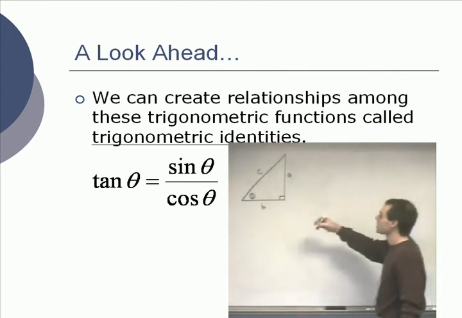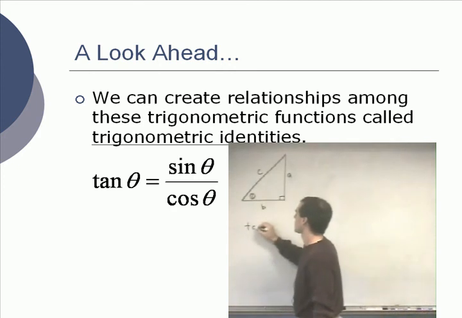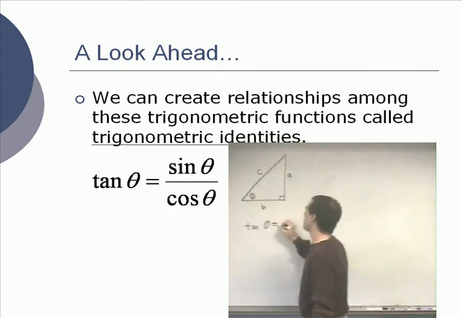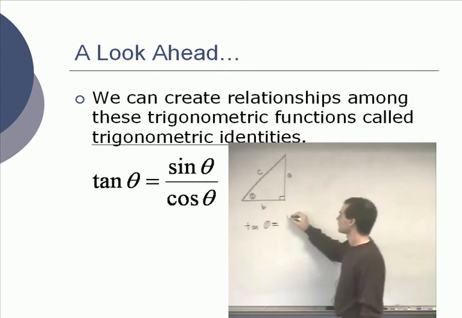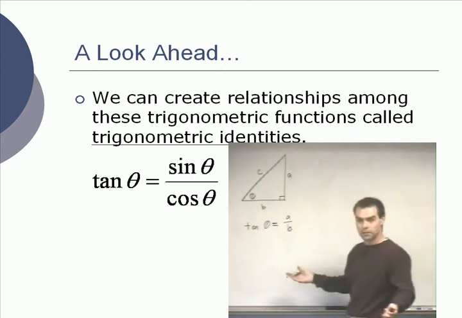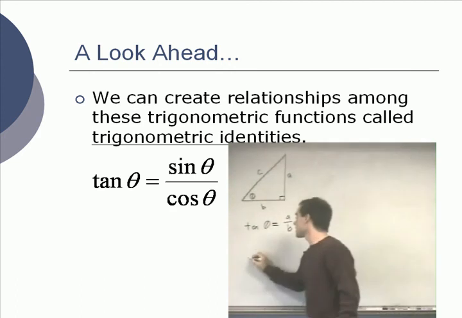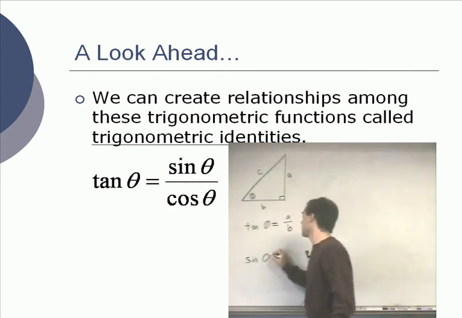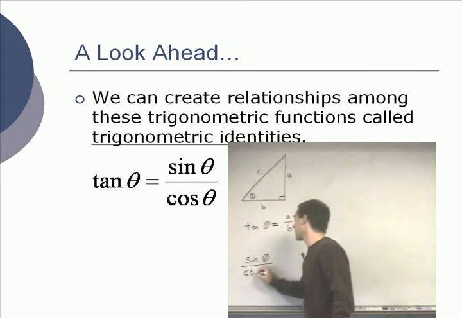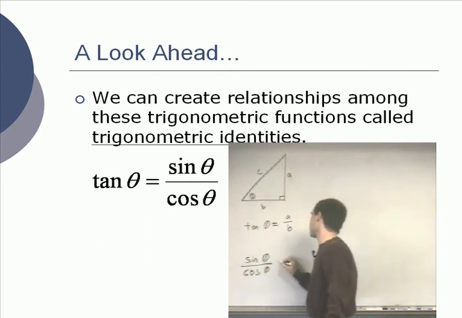Now, what is the tangent of theta here? A over B. Agree? Okay. Well, what is the sine of theta divided by cosine of theta?